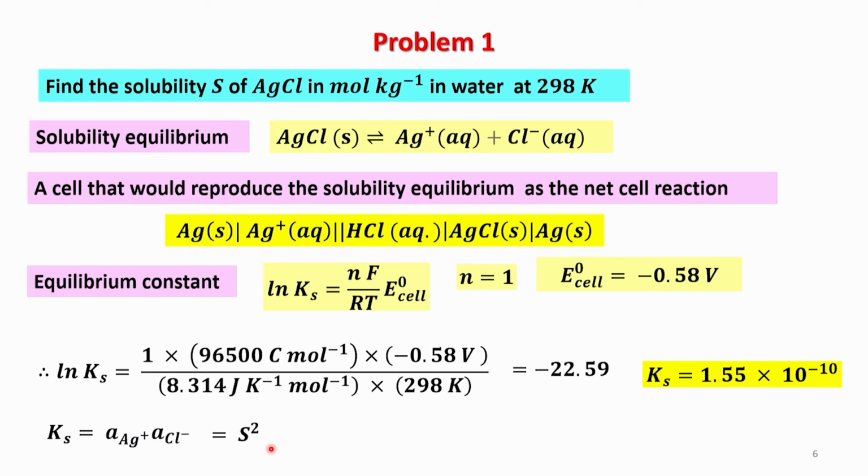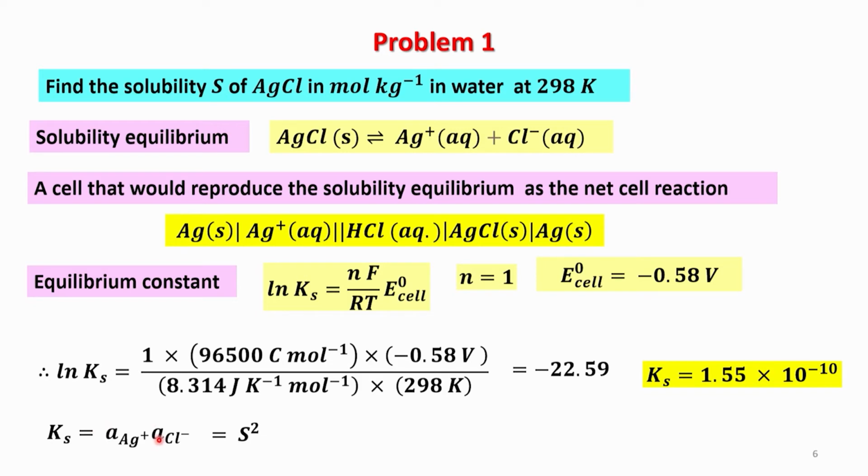Therefore, if I use the fact that this is a sparingly soluble salt, only very small amounts of Ag plus and Cl minus will be present in the aqueous solution, which means that I can replace each of these activities by their molar concentration.